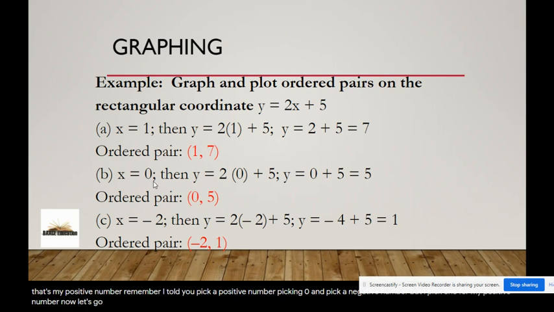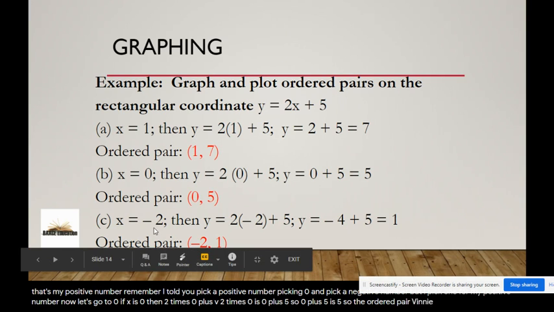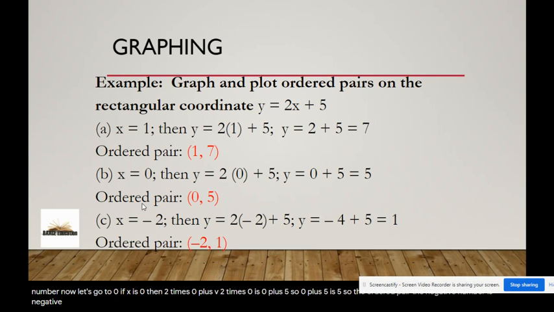Now let's go to 0. If x is 0, then 2 times 0 plus 5. 2 times 0 is 0, plus 5 is 5. So the ordered pair is (0, 5). The negative number is negative 2 for mine.